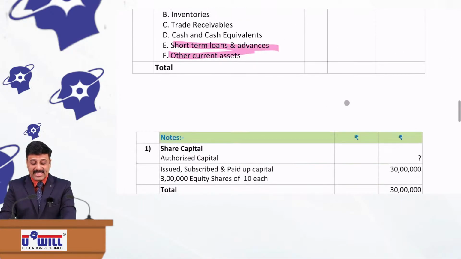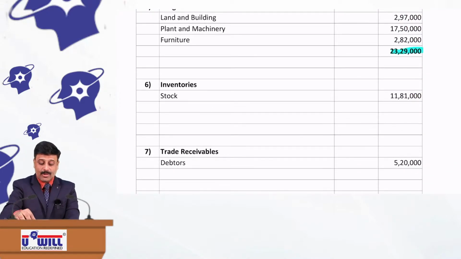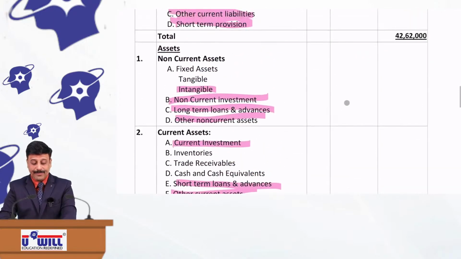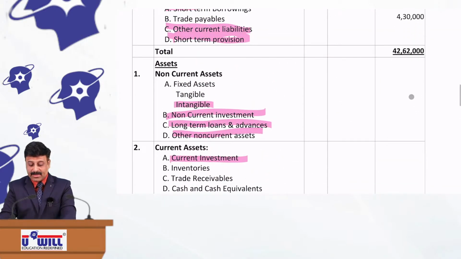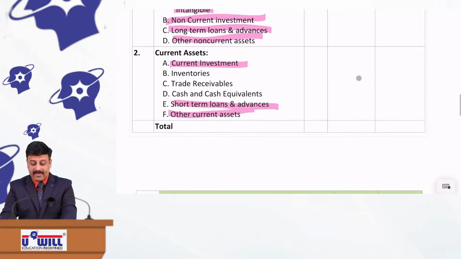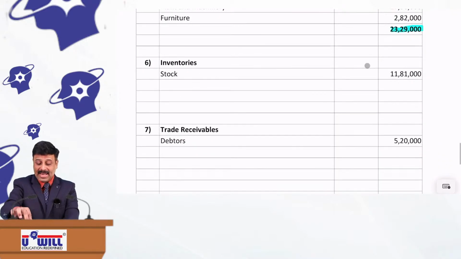Now, fixed assets, tangible. See what is tangible fixed assets total over here? 23,29,000. Only one is there, so directly I record in the outer column tangible fixed assets 23,29,000. Then here we have more than one item, so we'll write in the inner column inventories.